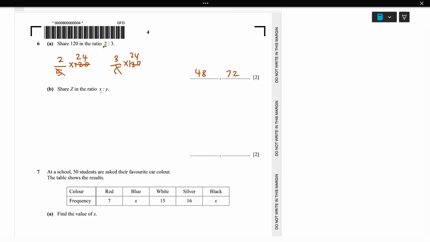Here the first part is going to be x over x plus y times z. The second part is going to be y over x plus y times z. So exactly you have to write the same: xz over x plus y, and yz over x plus y.